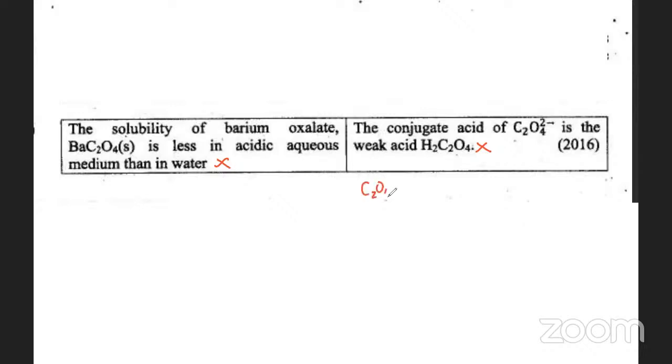So C2O4 2 minus will react with water and produce HC2O4 minus and hydroxide. So if I take this as the base, this is going to be the conjugate acid.